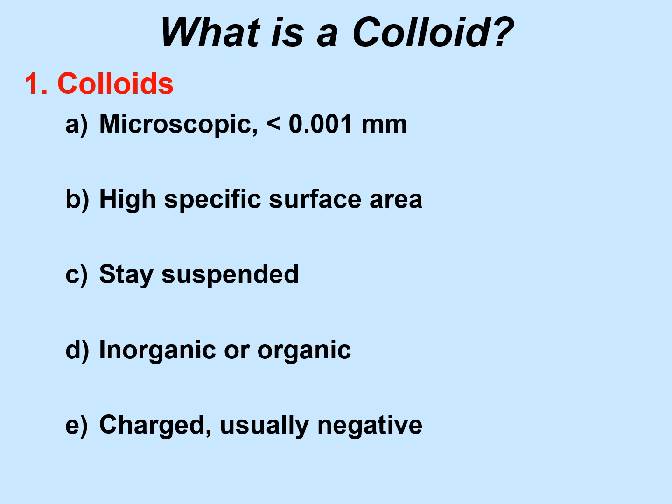And then another key feature is that colloids have a charge associated with them, and most commonly that charge is negative. So since you have a negatively charged colloid, that is going to attract cations, like the cations that we talked about when we were talking about the forms of some of our plant essential nutrients.